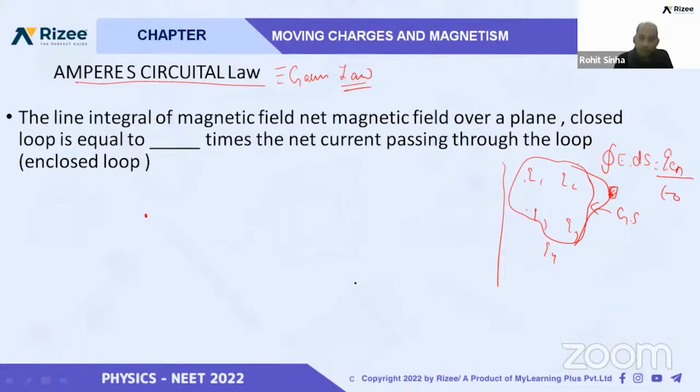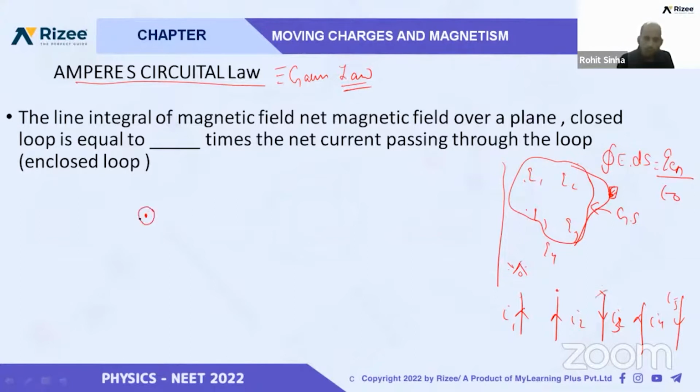Similarly, Ampere's circuital law tells that suppose we have a number of currents like this: one going upward, I1, I2, I3, I4, I5. If a current is coming outward, using vectors we can draw it as a dot, and for going inward we can draw a cross.